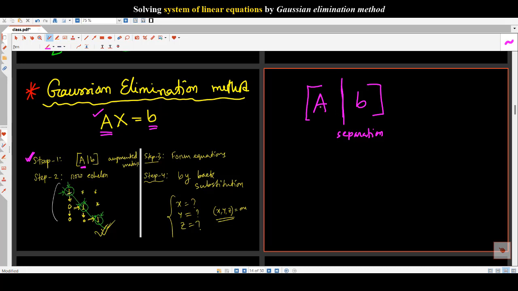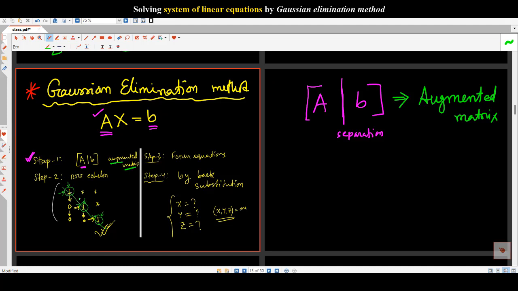So whenever we are writing A matrix and B matrix together with some separation, then that matrix is known as augmented matrix. So the first step of Gaussian elimination method is to construct one augmented matrix.